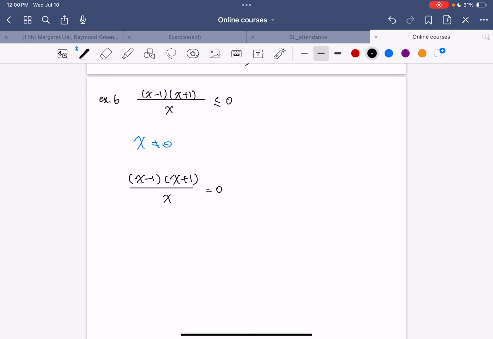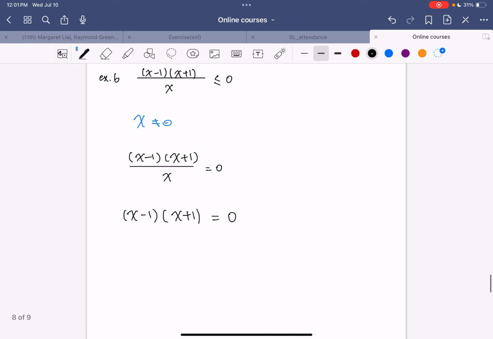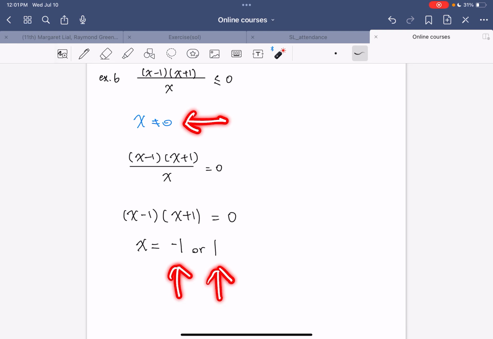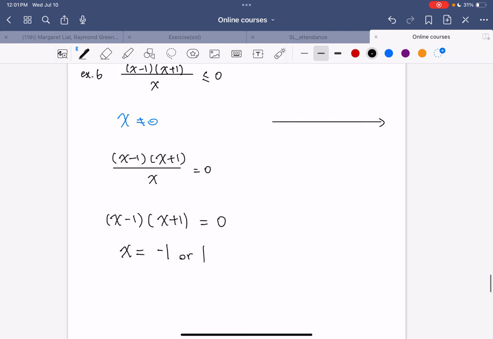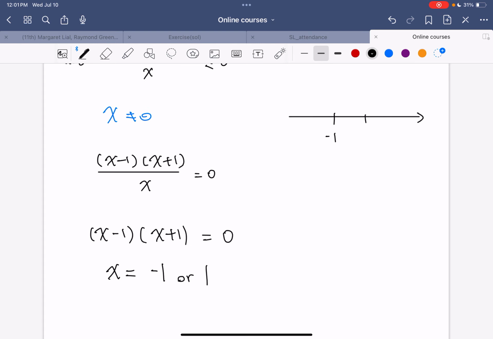Then we can get x minus 1, x plus 1 equal to 0. Then we can know that x is equal to minus 1 or 1. At this point we got 3 points: 0, negative 1, positive 1. So here we're going to draw the number line with negative 1, 0, positive 1.